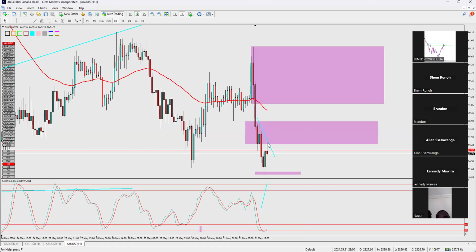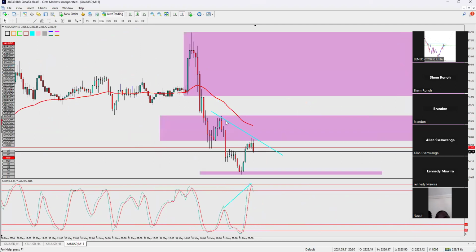So if the market opens and it comes back here, maybe it will form a reversal before it drops here, or it will break this zone, then it will start coming from down up here. But there's a likelihood that it's going to drop from this zone. So this is where we are going to watch on Monday.